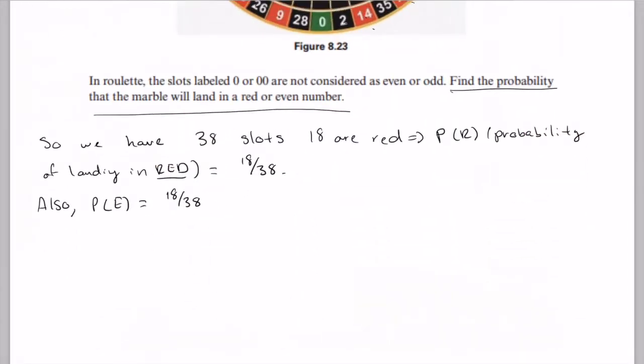So yes. Now we must find an intersection. Finally, to use the addition rule for probability, we need to find the intersection, which would be P of R intersection E.